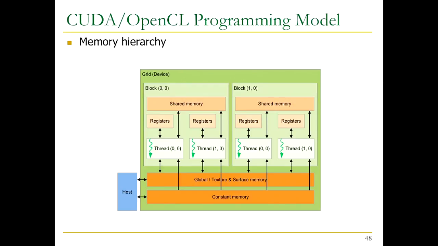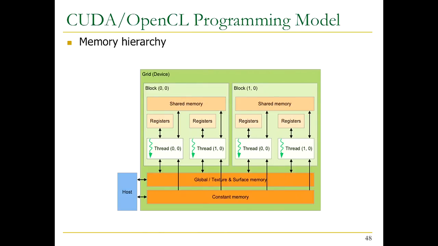But luckily, this is not the only memory that the GPU threads can use. The GPU threads can also have access to their own register file. Actually, in the previous part of the lecture, you saw how Professor Mutlu talked about the register file.